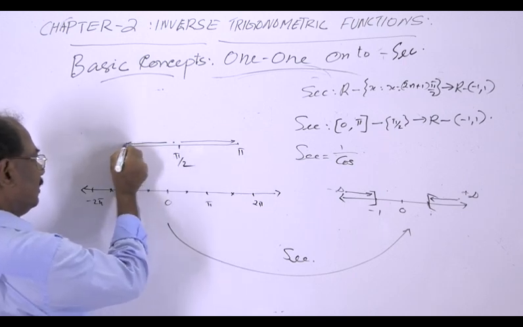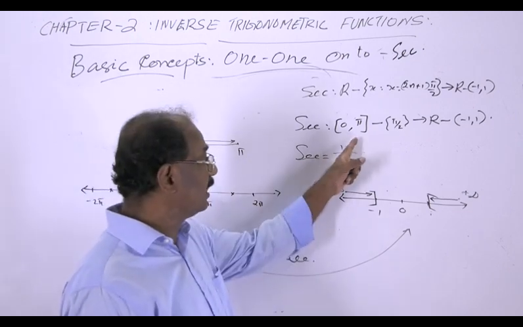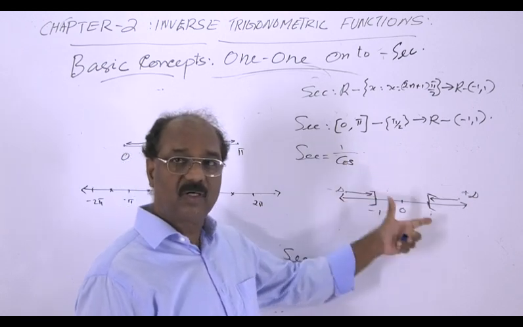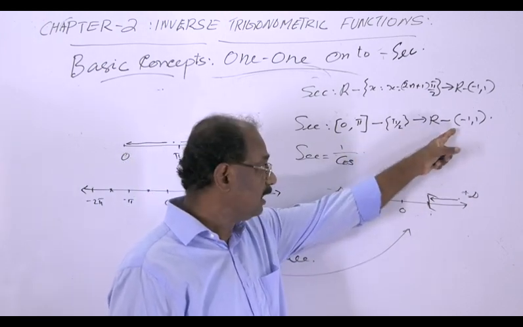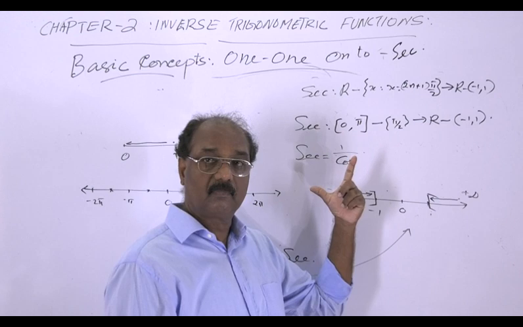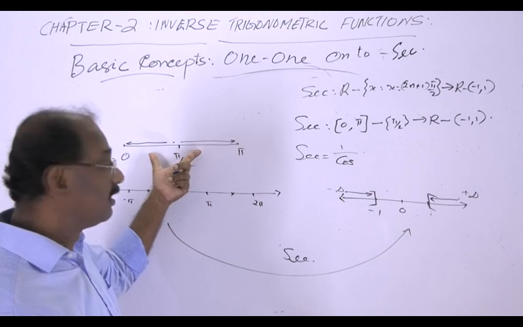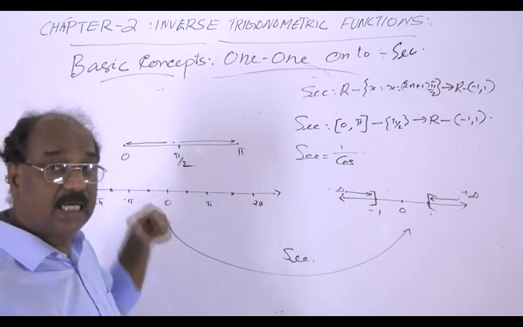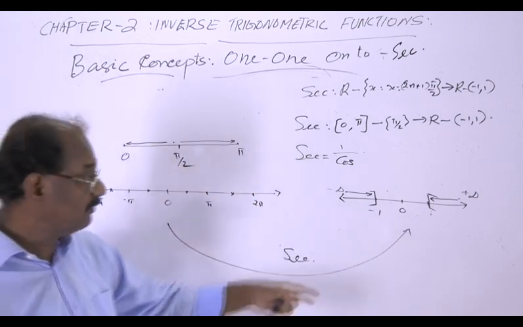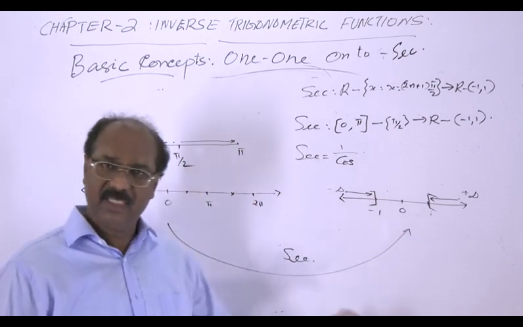So in this interval 0 to pi, the secant function defined is one-one and onto. All values in this range are images of some value in the interval under the secant function. For every value we can have a pre-image here, which we can verify if needed.